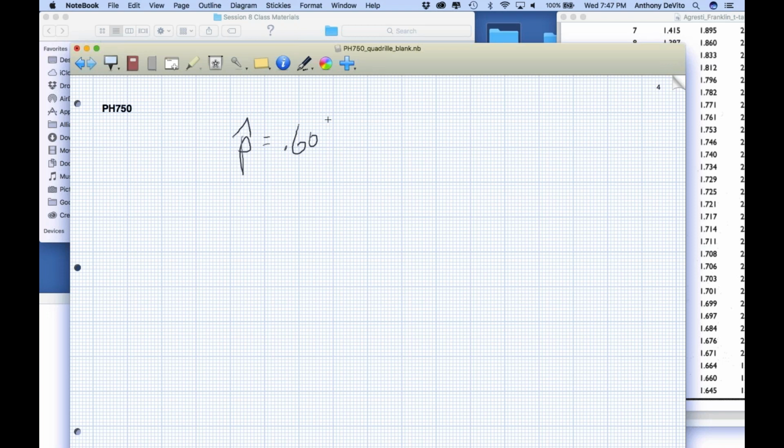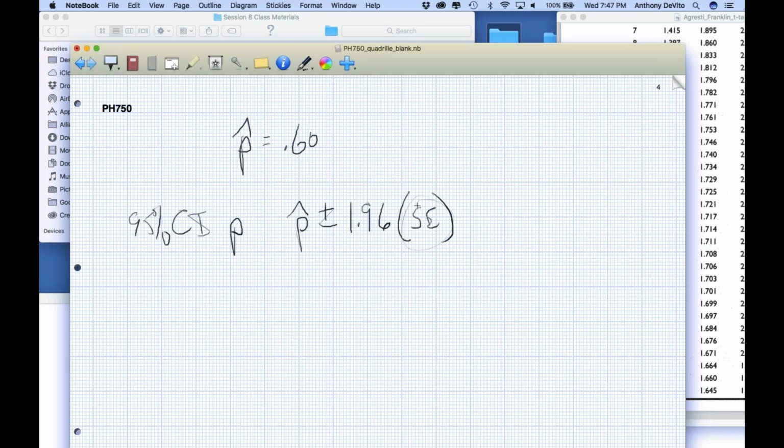Again, we were dealing with large samples, so my 95% confidence interval for P, the true proportion, is going to be P cap plus or minus, and since it's a large sample, I use 1.96 for my 95% confidence interval, not a t-score, times my standard error.